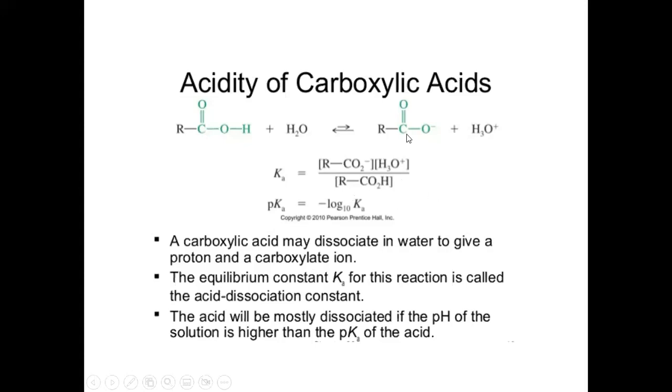So the acid will be mostly dissociated if the pH of the solution is higher than the pKa of the acid. So this will occur when you do a titration with base, right? So when you add base, the acid will be dissociated, right?